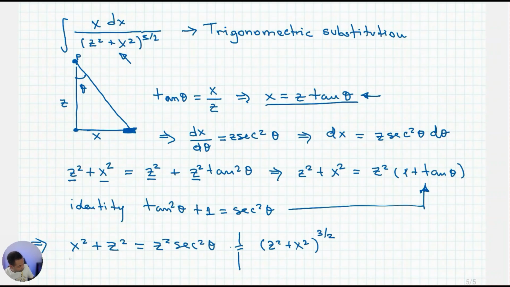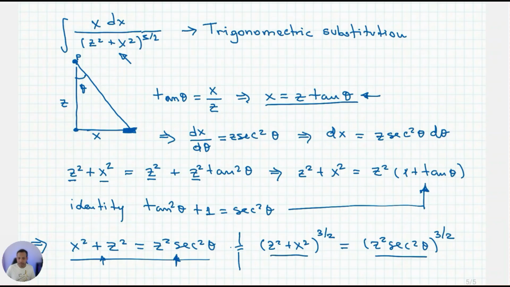So this is going to be equal to (z squared secant squared of theta) to the 3/2 power, because if this is equal to this, then this to the 3/2 is equal to this to the 3/2. That's pretty easy to see.